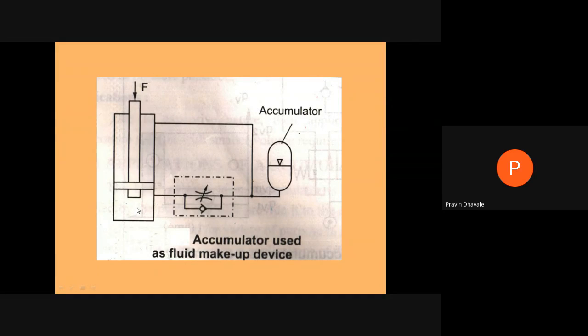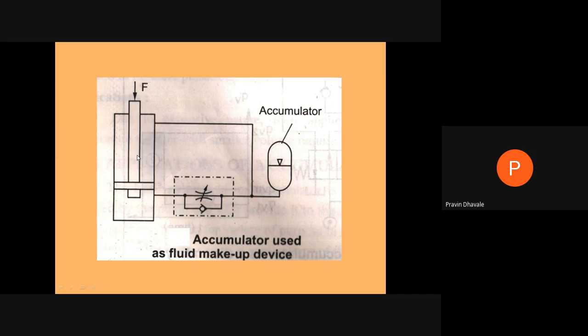Suppose this is a volume of 15 meter cube, but the volume is reduced by this piston rod by 5 meter cube. So the upper side of the piston has a volume of 10 meter cube, and the lower side is 15 meter cube.